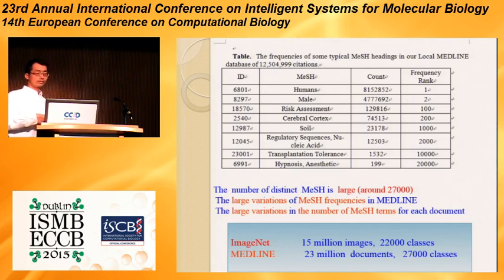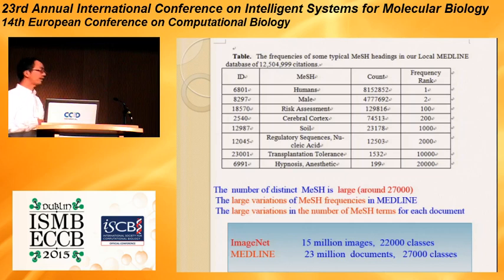Some MeSH terms only appear a few hundred times. So this is a very challenging problem. The other problem is that the number of MeSH terms for each article is also flexible. Sometimes one document has maybe 5 or 6 MeSH terms, but some documents have 13 or 14 MeSH terms.